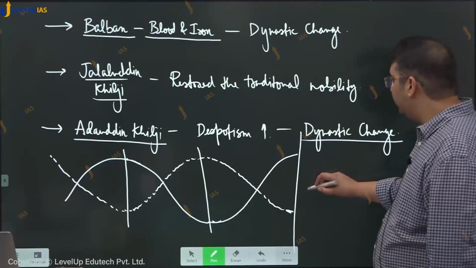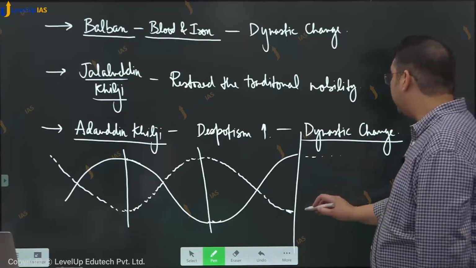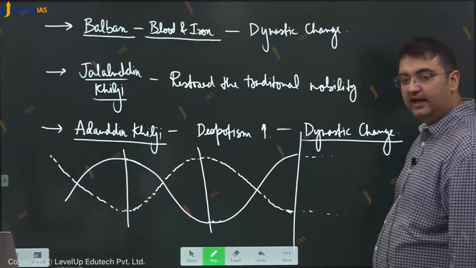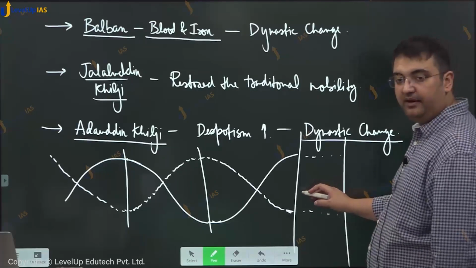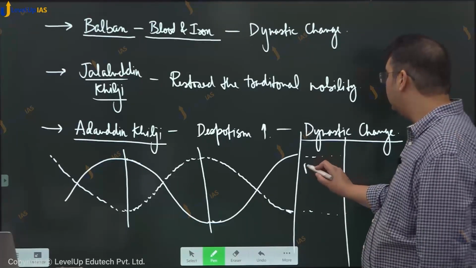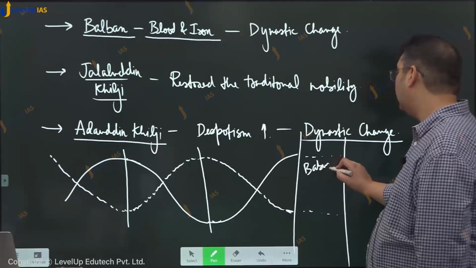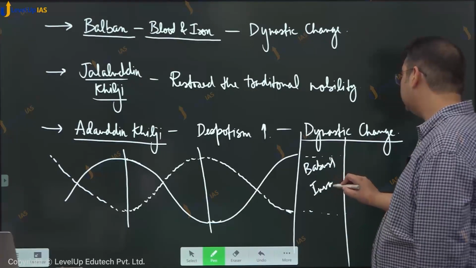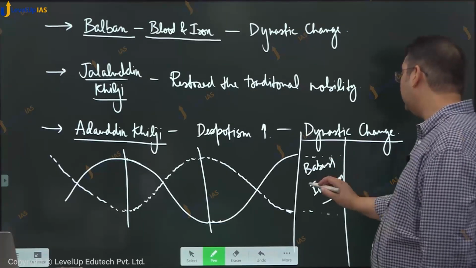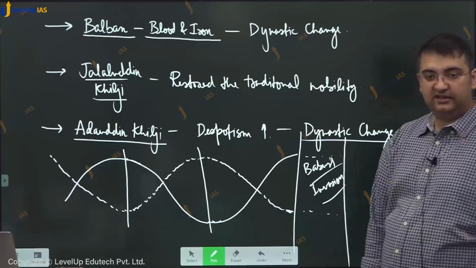This is going to lead to the disruption of the entire machinery, creating the perfect circumstances for Babur's invasion and the downfall of the Delhi Sultanate as a whole.